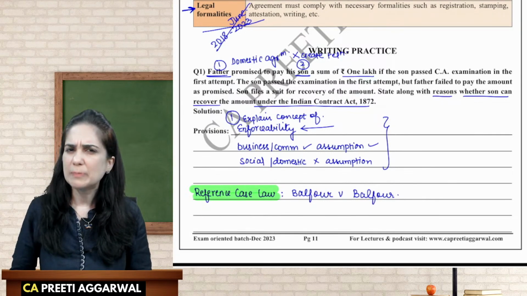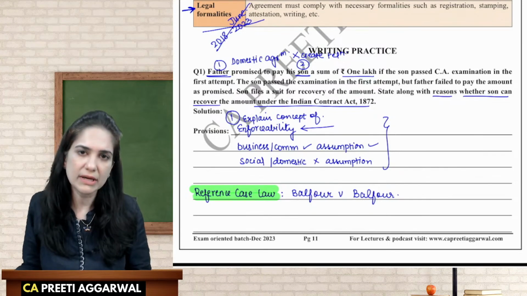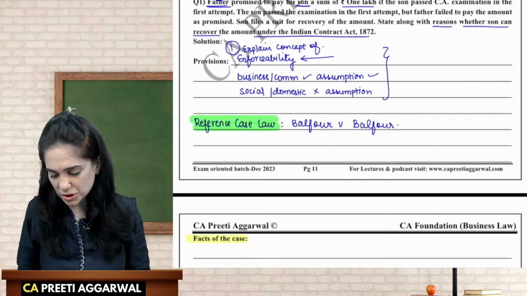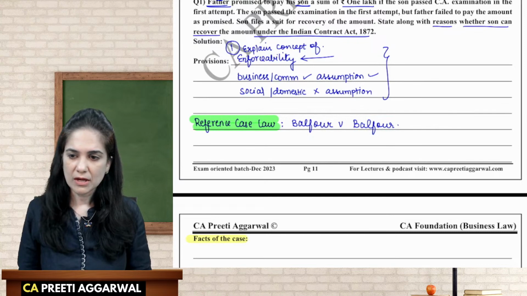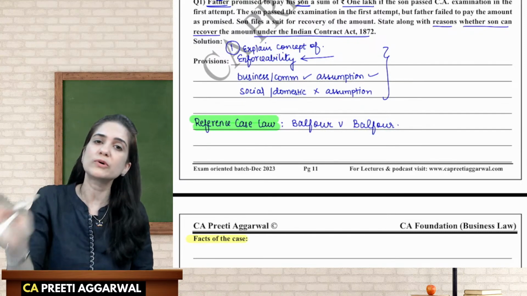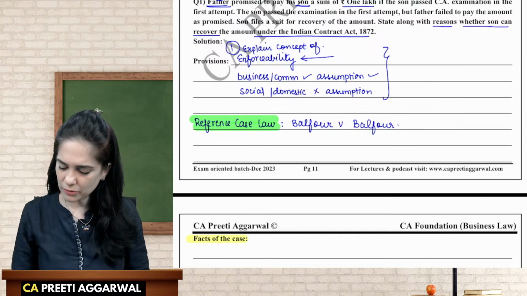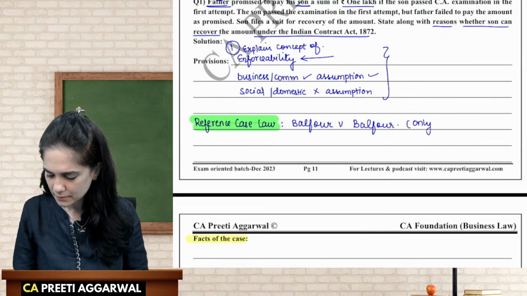Do you need to explain this case law? No, it's not required because the question is not demanding an explanation. What if the question was directly a conversion of Balfour versus Balfour? If it was a direct conversion, meaning the facts of Balfour versus Balfour were made into the question, then you will explain Balfour versus Balfour, but here you will only write the name.